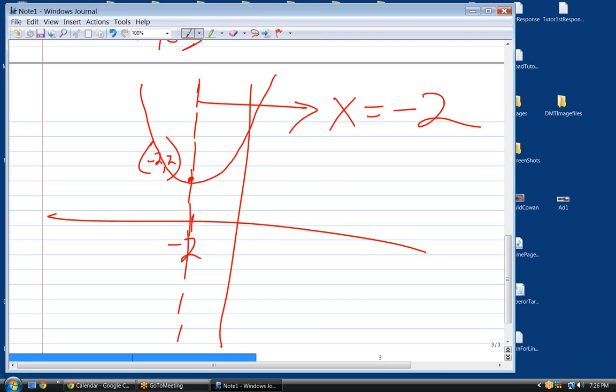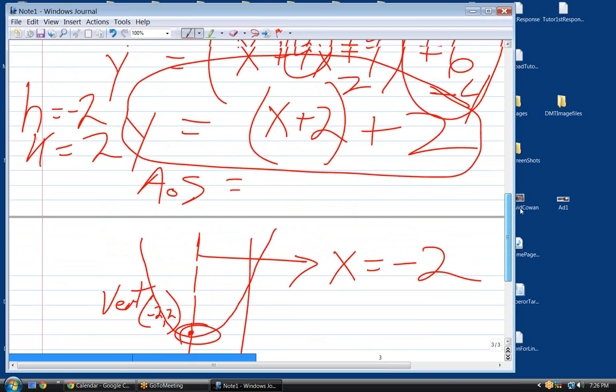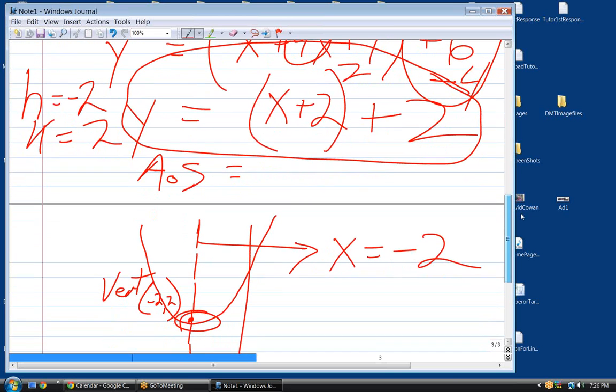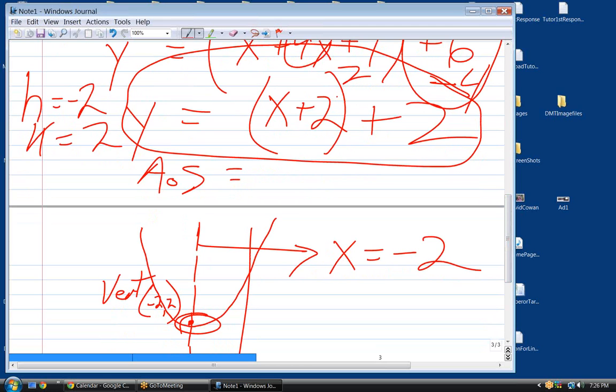So what's the vertex then? Vertex is always that spot right there. And we've solved for it because we got this thing into vertex form, and vertex form tells you h and k.